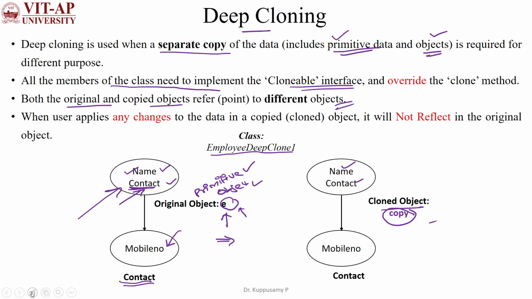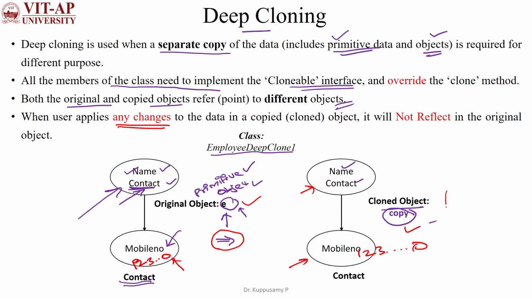You see here the cloning object is copy, the original object is E. Both have different values and different variables. When the user applies any changes to the data, for example, initially I have mobile number 1 2 3 etc 0. When you copy this, automatically this also will have 1 2 3 etc 0.